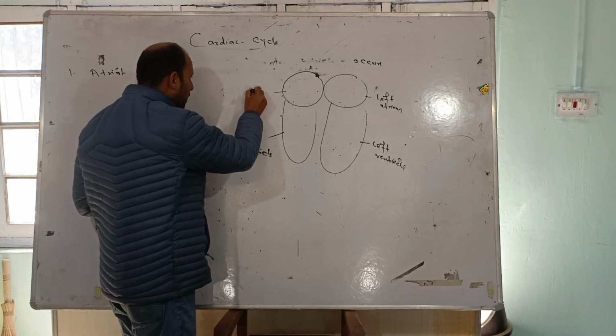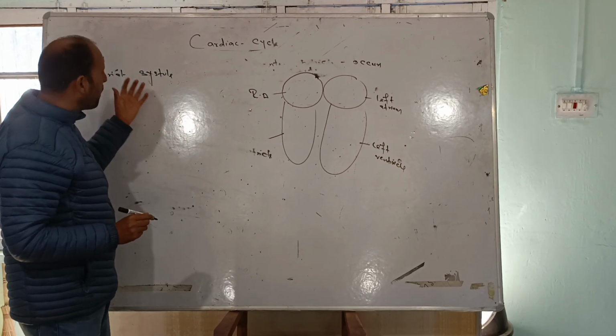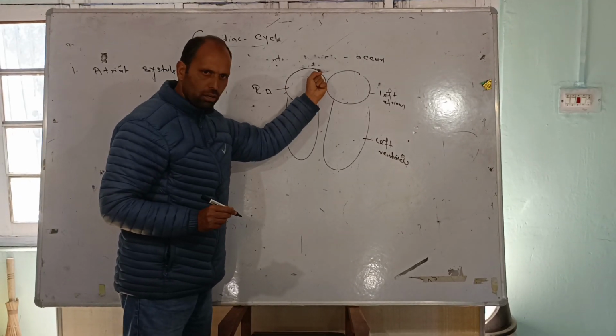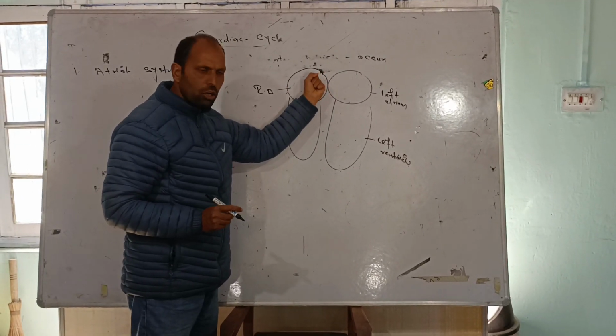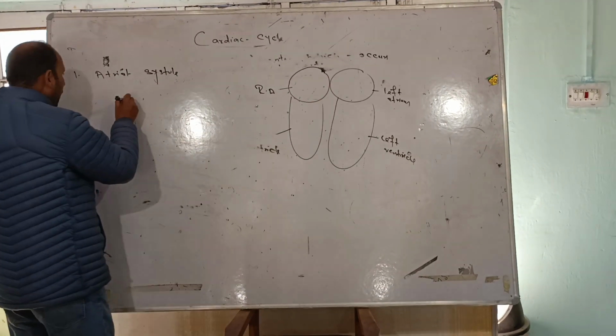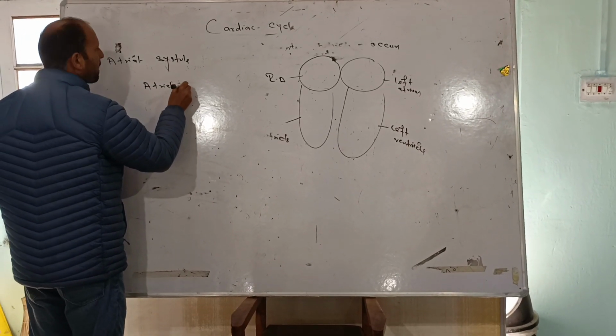This is the right atrium here, RA, right atrium of heart. In the atrial systole, the right atrium as well as the left atrium shows contraction. These two chambers of the heart show contraction simultaneously, the atrial or auricular contraction.